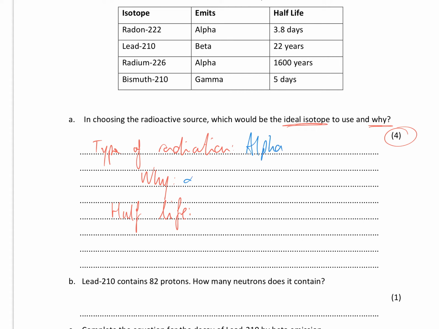Because we want it to be damaging, but not penetrating. In other words, I don't want it to get out of the lizard. Beta will get out of the lizard. Gamma gets out of the lizard. I want alpha that stays inside the lizard first and foremost, but also alpha is the most ionising.